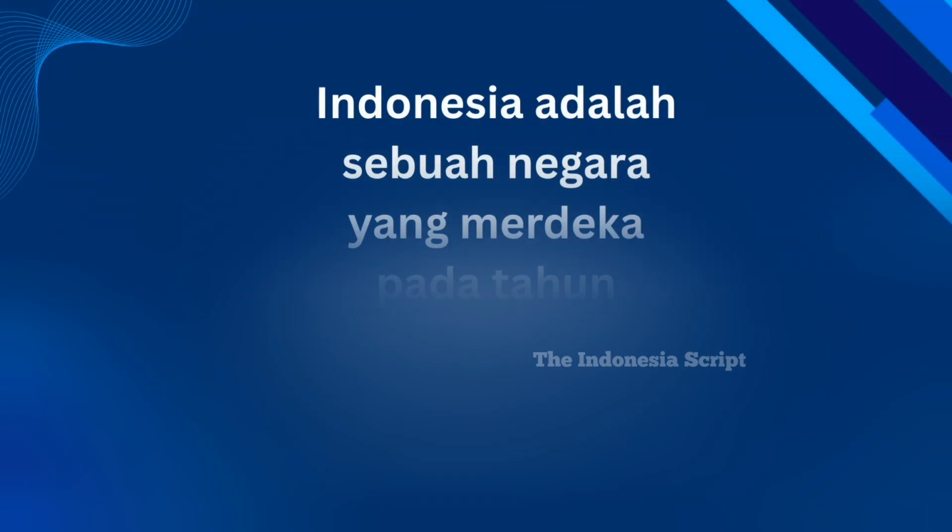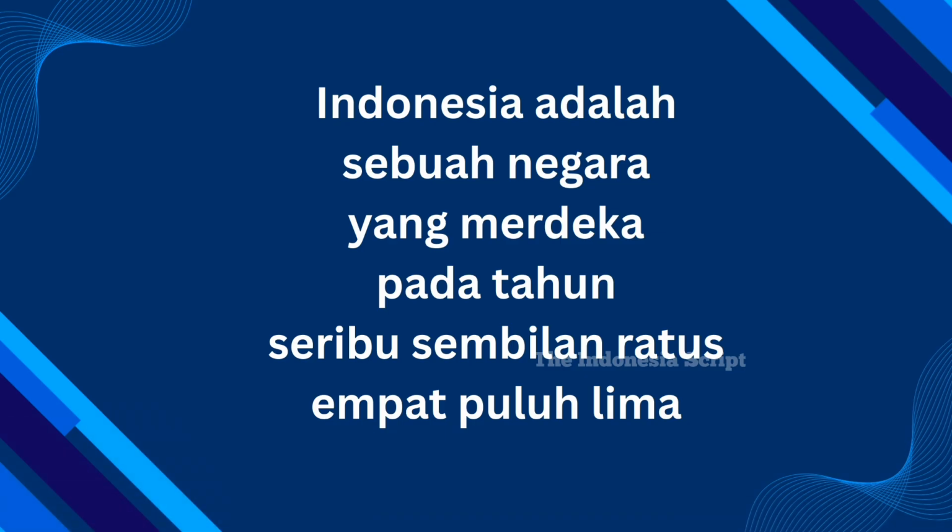Next, let's apply the material on how to read letter combinations that we have explained at length in this video. Listen to the following sentence. Indonesia adalah sebuah negara yang merdeka pada tahun 1945.